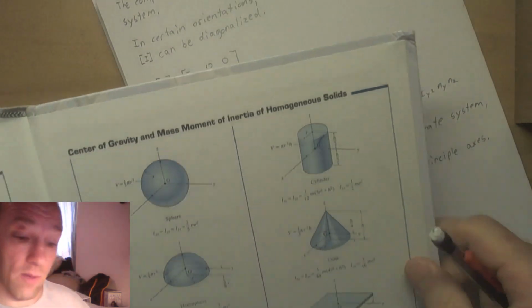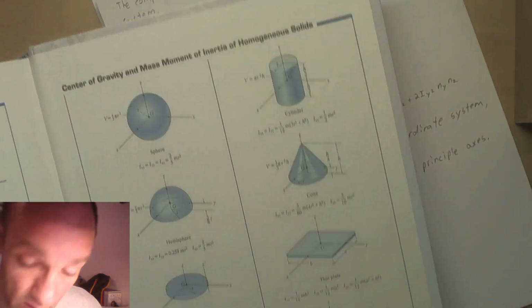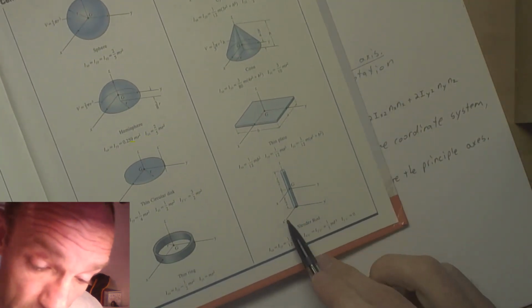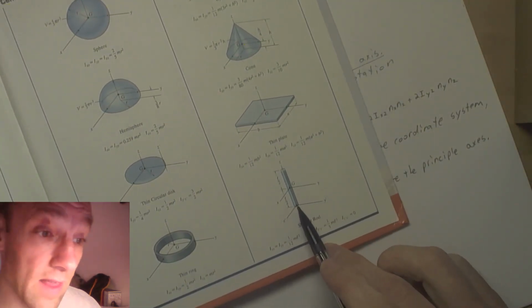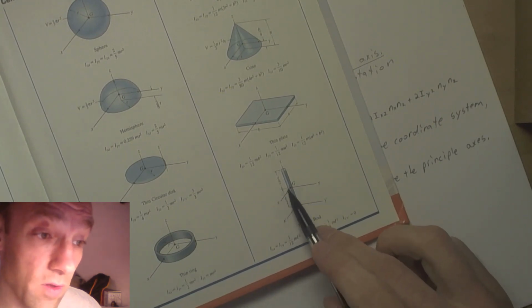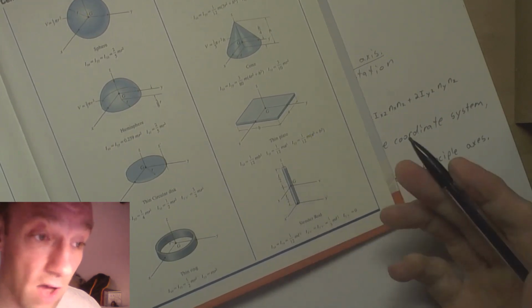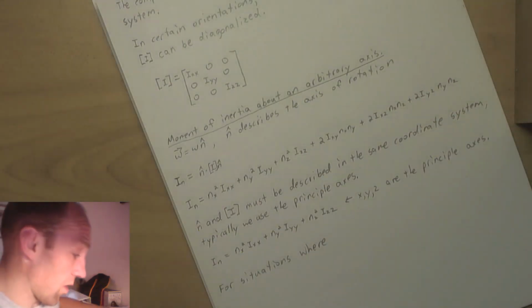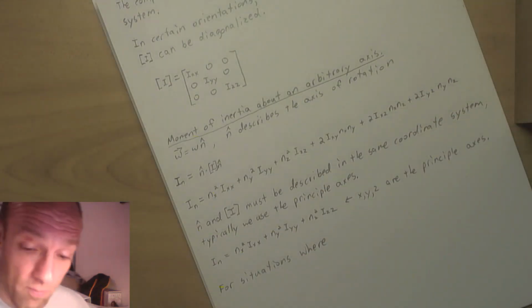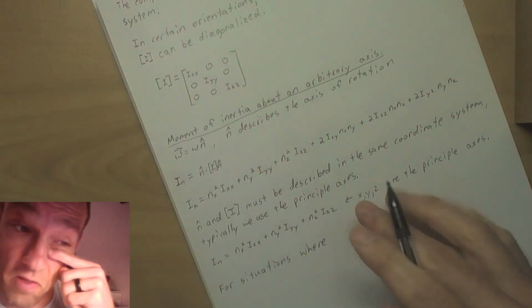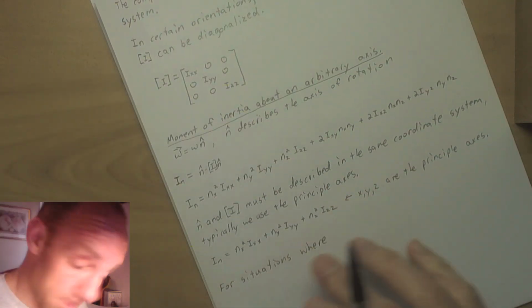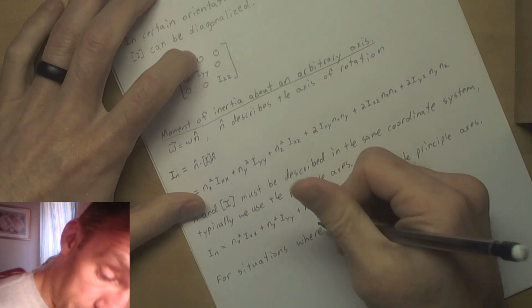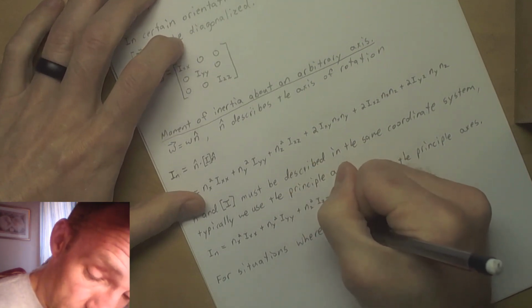So what if we have to translate it? Like you have a situation where you have axes located at the end of the rod versus at the center of mass. That's a common thing. If you have a mechanism where one of the links, typically you're not going to pin it down at the center of mass of the link.